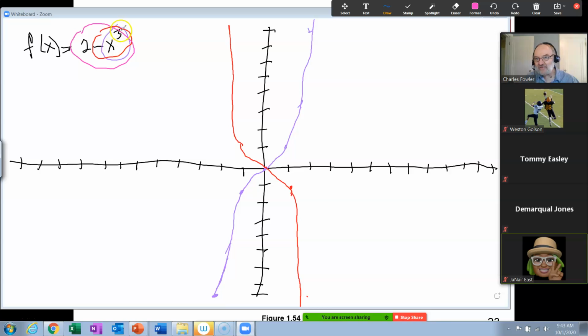That's minus x cubed plus 2. So this is going to take that red thing and move it up 2. So the 0, 0 goes here. The +1 here goes to +3 here.